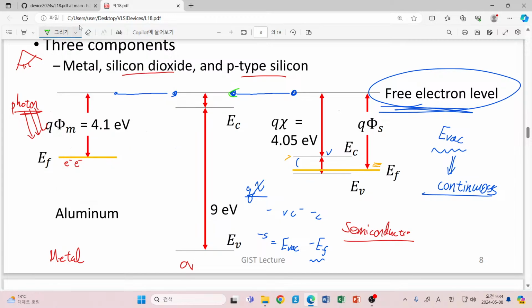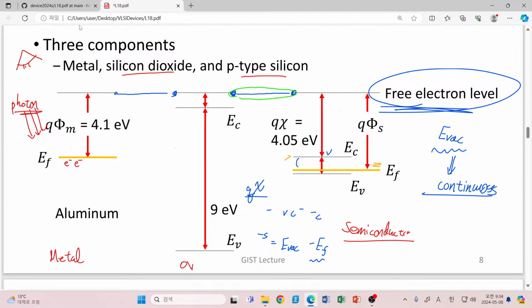From the same energy level, your silicon dioxide conduction band is just 1 electron volt below, and your silicon conduction band is almost 4.1 electron volt below.